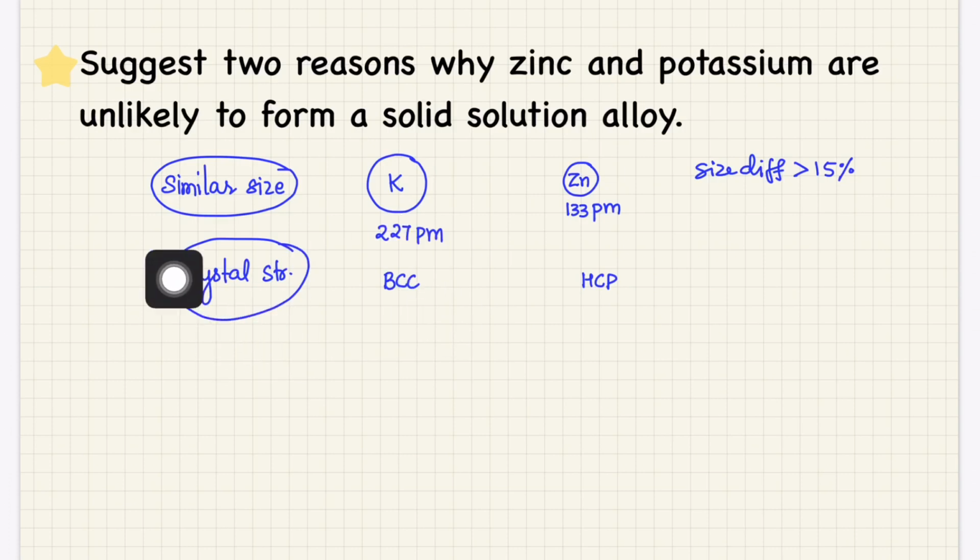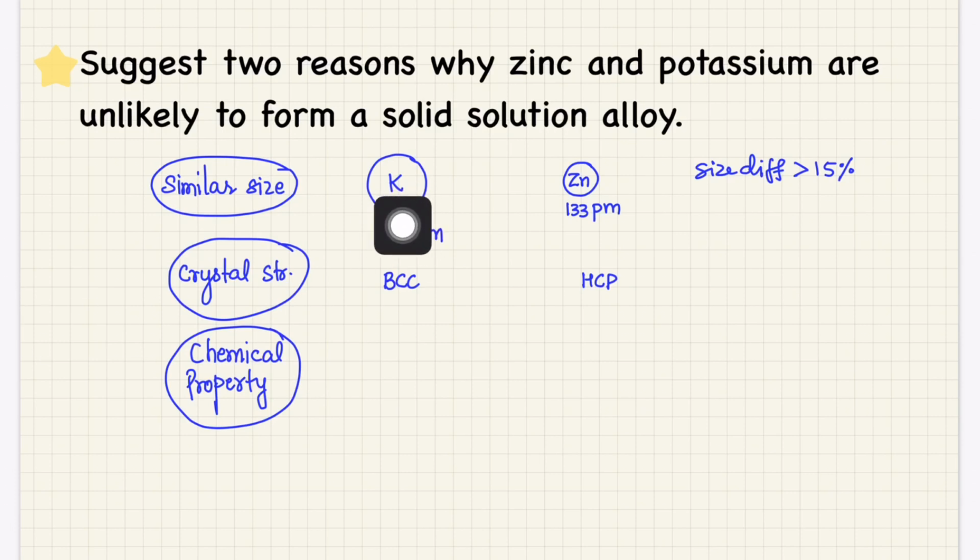Now if we see the chemical properties, potassium being an alkali metal is highly reactive. It is a very soft metal, you can cut it with a knife also. It is a highly electropositive metal, it can easily lose electrons.